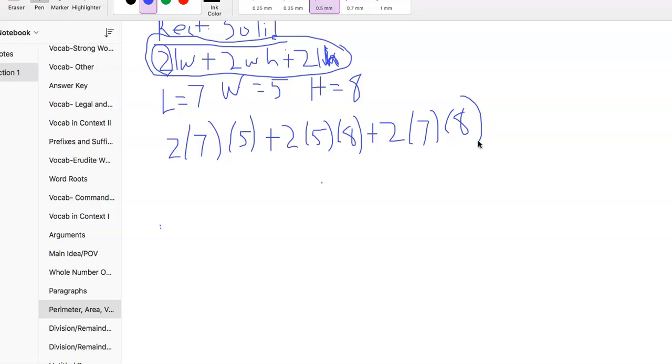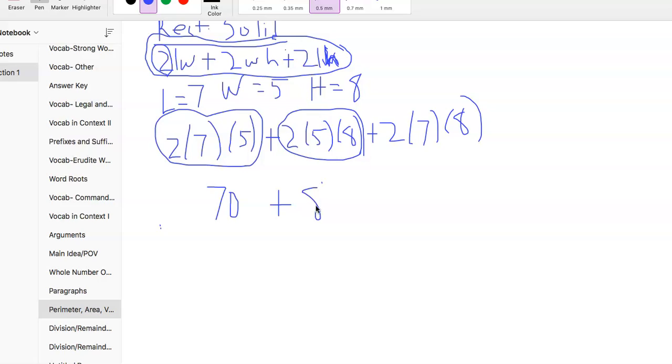Then we just got to multiply this stuff out. 7 times 5 is 35, right here for this first one. 35 times 2, that's 70. And we do this one next. 5 times 8 is 40. 40 times 2 is 80. 7 times 8 is 56. 56 times 2 is 112.